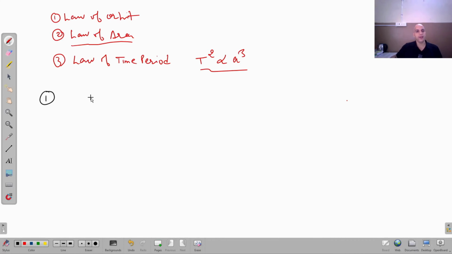We know very well that the general equation of a conic is 1 upon r is equal to 1 upon L into 1 plus epsilon cos of theta minus theta naught. This is the general equation of a conic section. Here L is the semi-latus rectum, epsilon is the eccentricity, theta is the angle at any point, and theta naught is the initial angle. r is the radial vector.